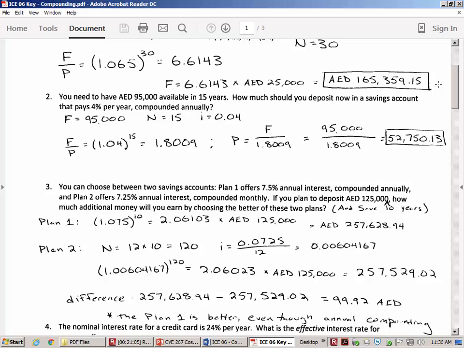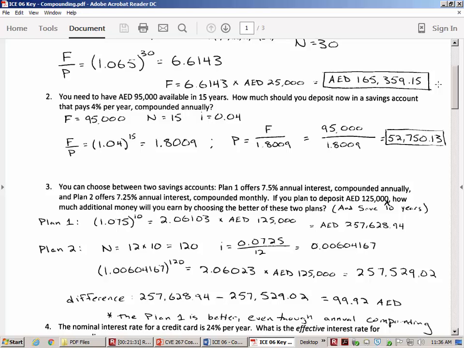So 1 plus I, where I is 0.075 to the power of 10, because 10 is the number of compounding periods in that period. So 2.06 is the ratio of the future amount to the present amount. So then I can just find out in the future it should be 257,629 if we round off to the nearest dirham.